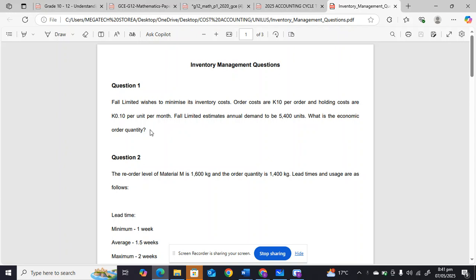So as I said, the economic order quantity is giving you the optimum number of units that you can get so that you're trying to minimize both holding costs and order costs. That's what the EOQ is trying to do.